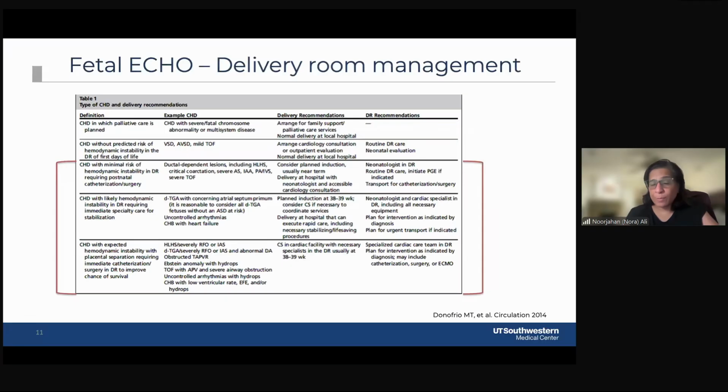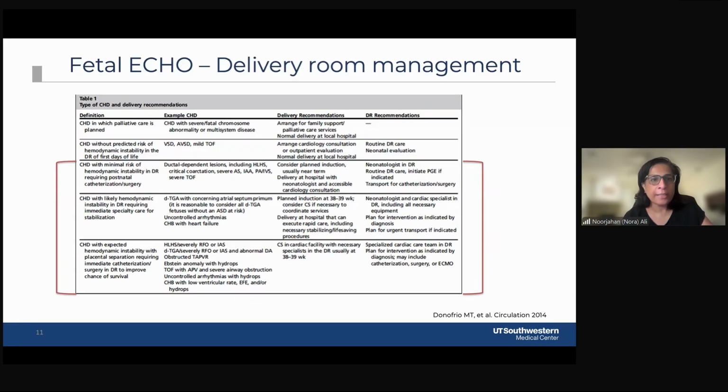So what has been done so far when we think of evidence for managing babies with heart defects? What I'm talking about, I should have mentioned, are prenatally diagnosed heart defects. A lot of the studies that have come out are recommendations from before NRP Cardiac, which was launched about a month ago actually, and came from our fetal cardiology colleagues.